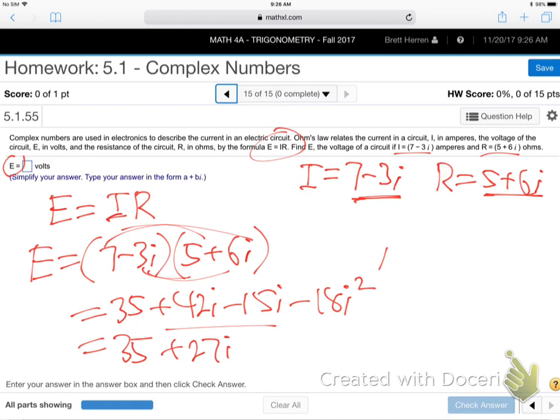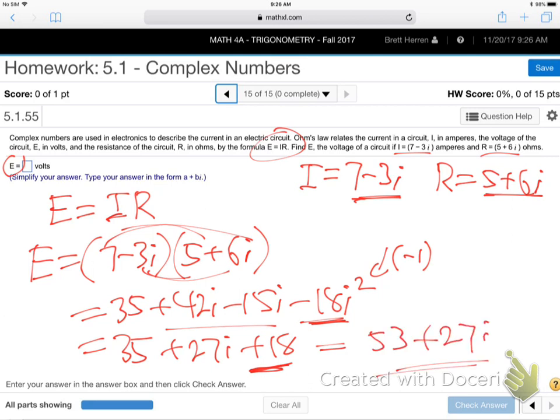And this minus 18i squared, again i squared is negative 1, so that's plus 18, isn't it? And so then 35 and 18 is 53. 53 plus 27i, that would be the answer, the voltage in the circuit. We good there? Does that make sense?